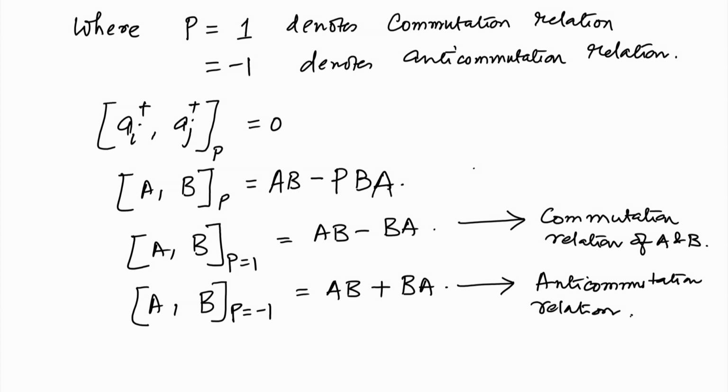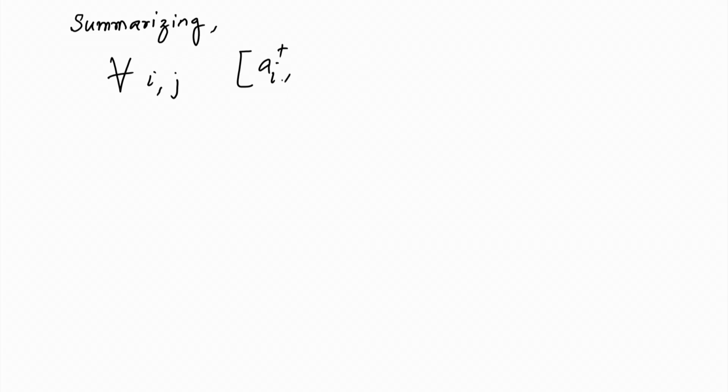Okay. And if we go back to our A i dagger, A i dagger, then that is equal to 0, because the identical operators would commute. And so, if we summarize these relations for all i and j, A i dagger, A j dagger with subscript p equals 0.